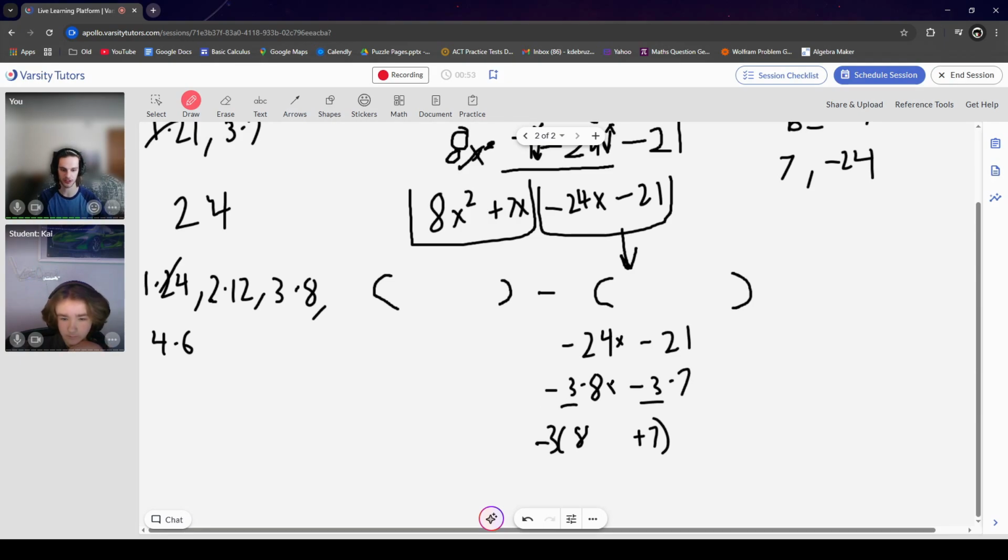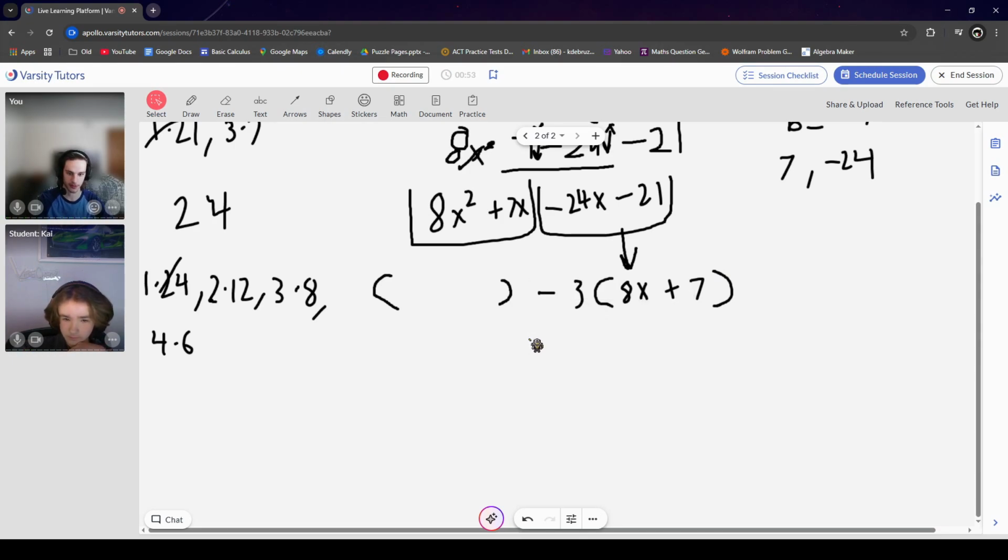The x carries through, but because it's not a common factor, it gets put as a remainder. So this is going to be our factored form for this one. So we got negative 3 times (8x plus 7). Any questions on that? No. Okay. So what about the other one?